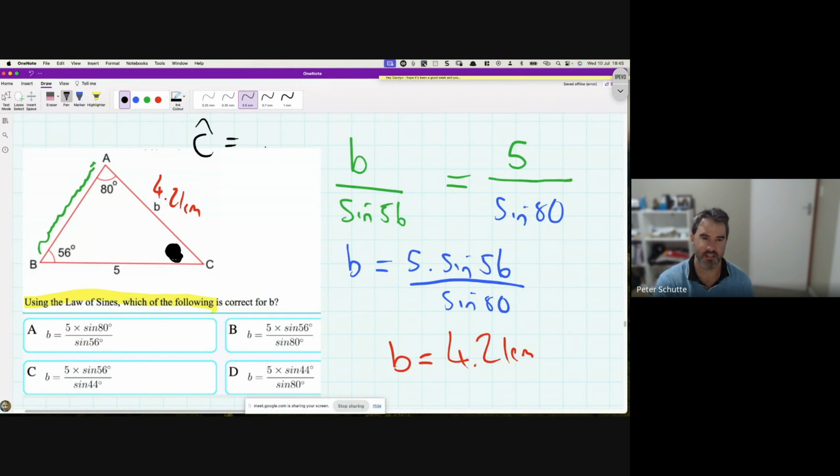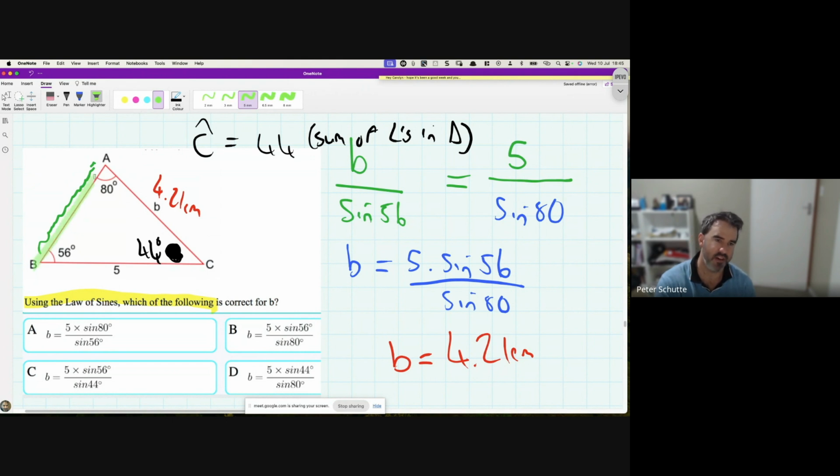So 180 minus 80 is 100, minus 56 is 44, and the reason is the sum of angles in a triangle. So this is 44. Now, using your new knowledge, I want you to find me the length of AB.